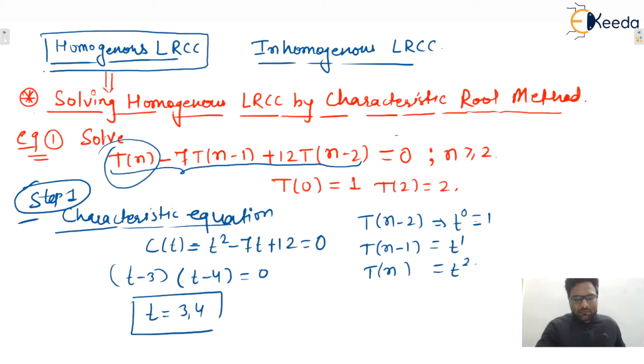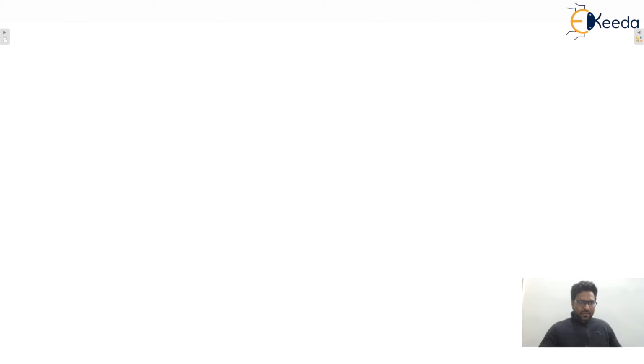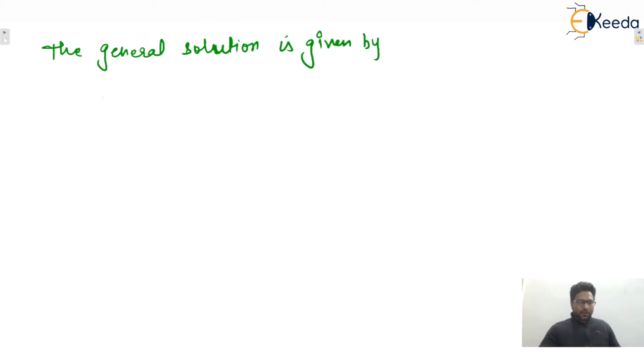Now how to give the solution or homogeneous solution? Write down. The general solution or homogeneous solution is given by t of n equals to any constant, take one constant c1 into the first root, that is 3, so 3 raised to power n, plus c2, another root is 4, so 4 raised to power n.